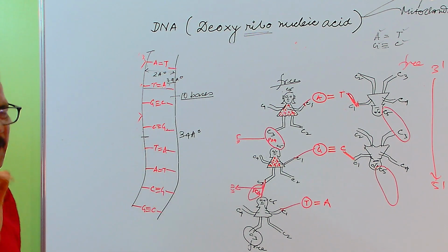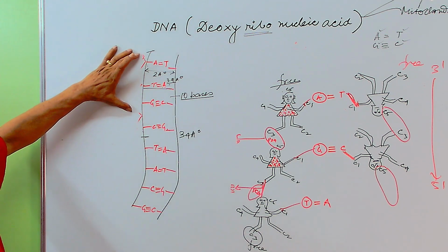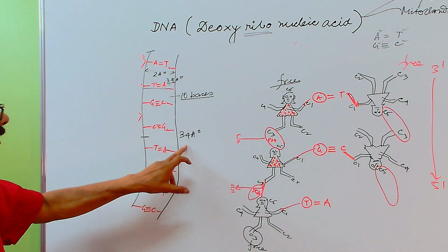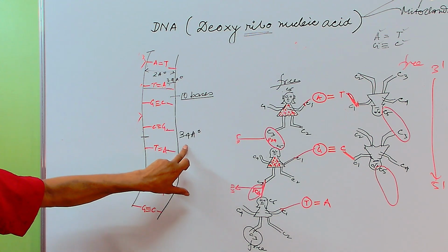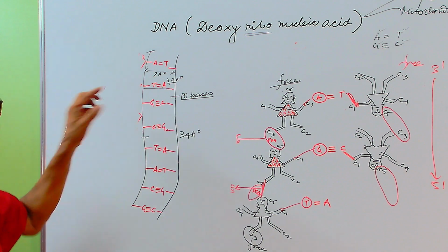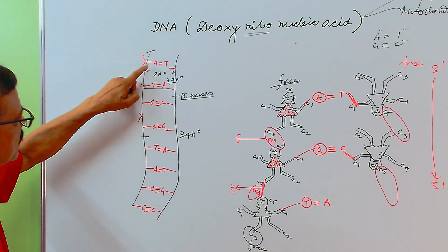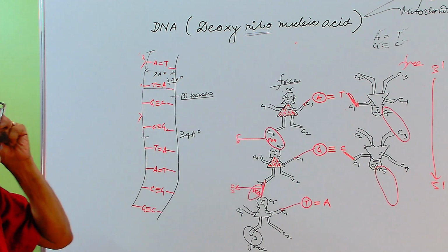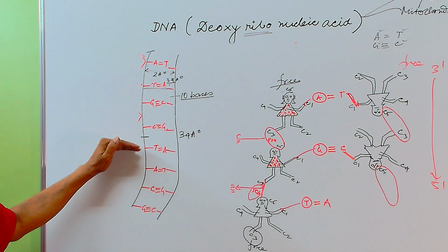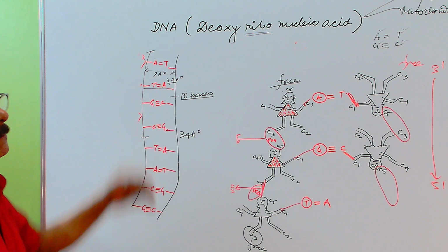This is the simple thing you should remember, that the helical structure or the phosphodiester backbone takes a full turn in every 34 angstrom unit, and the distance between two base pairs is 2 angstrom unit, and a full turn contains 10 bases.